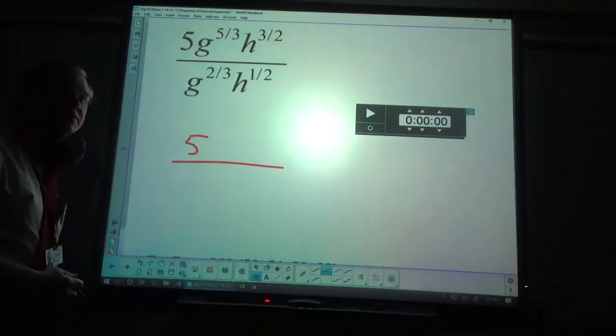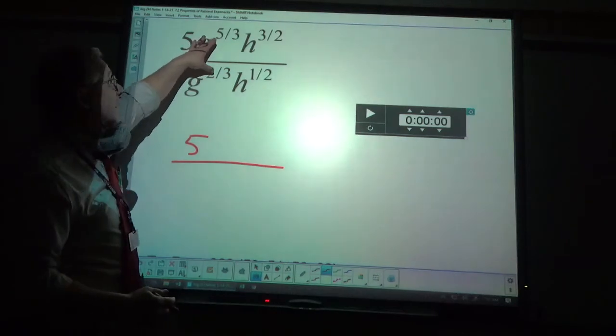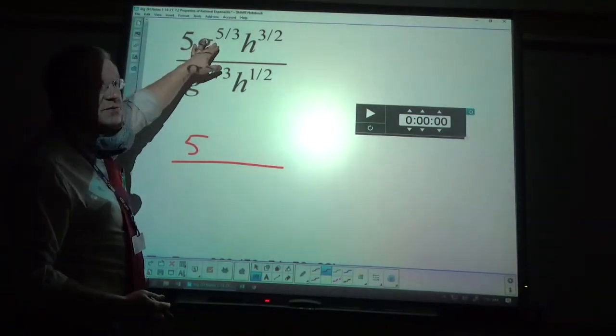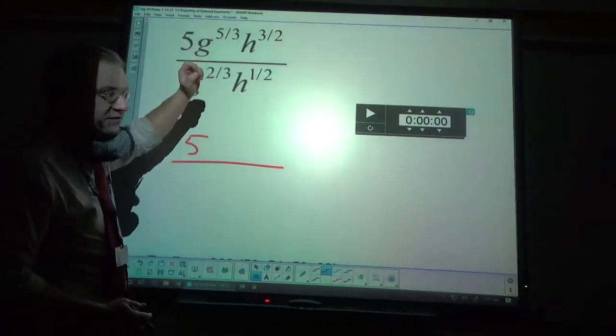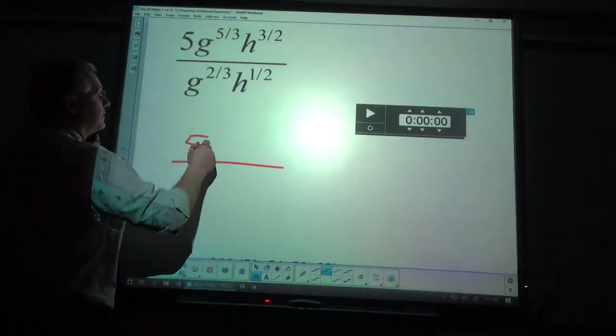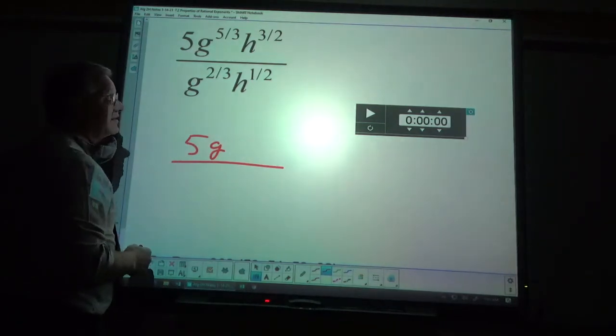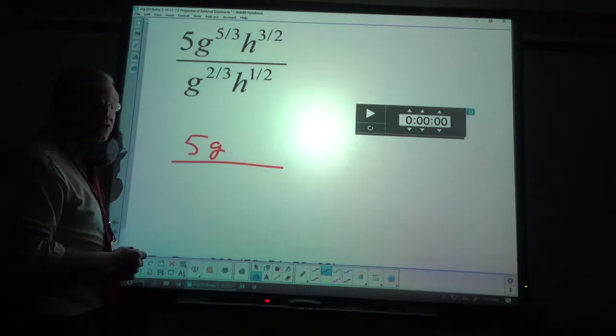The G is going to subtract with the bigger exponent, top minus bottom. It's always big minus small, so you can have a positive exponent. G to the 5/3 minus 2/3 is 3/3 or just 1.